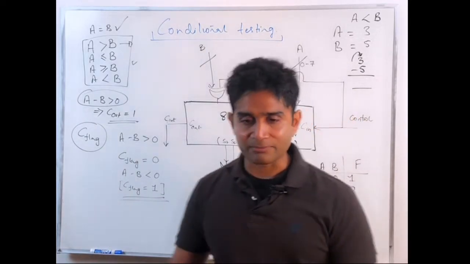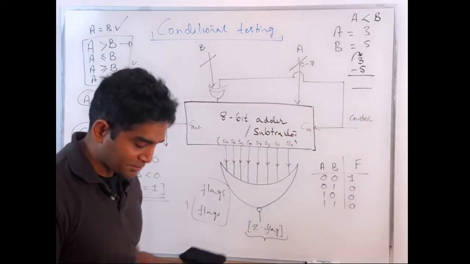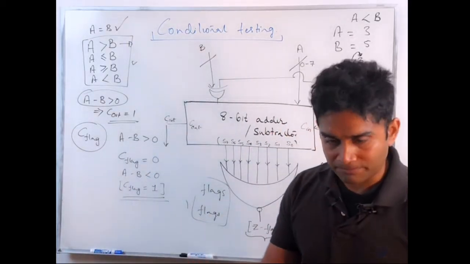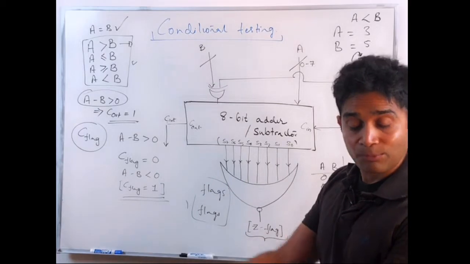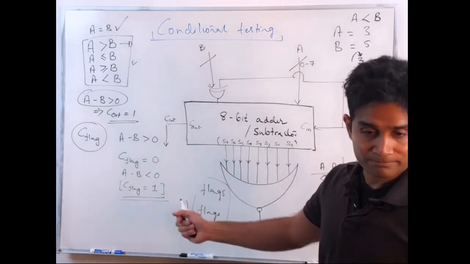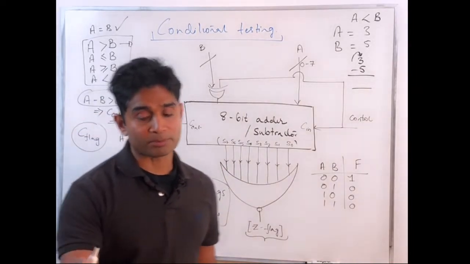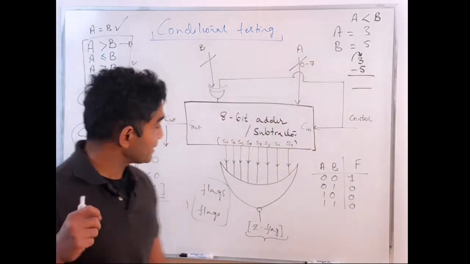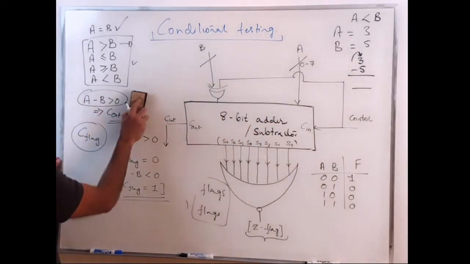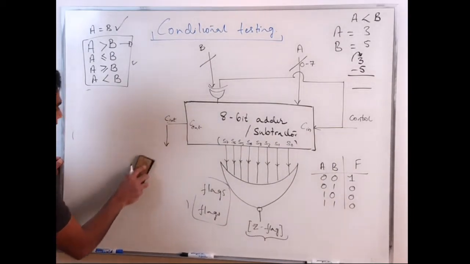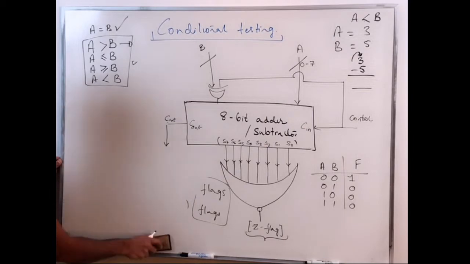Whenever I have to borrow from an imaginary borrow, that means my A is less than B. When I don't have to borrow, then A is larger than B. That's how I define my C flag when I'm doing the subtraction operations. When I'm doing the addition operations, let me just summarize here. What I'm doing here is defining a C flag that functions this way.